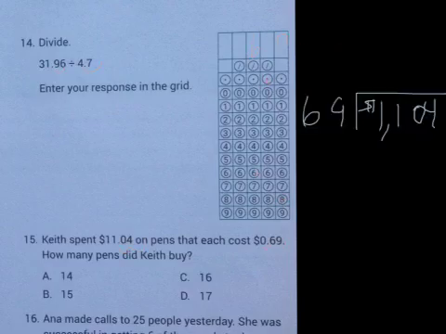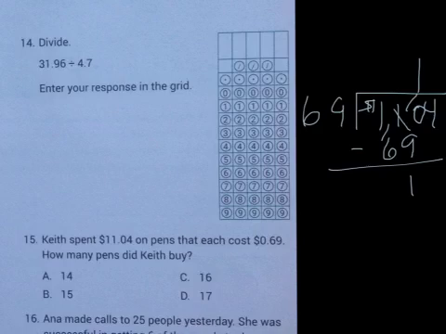So it's going to say 69 divided by 1104, and it's going to go 1 time. So we know 1 times 69 is going to give us 69. Go ahead and subtract. We can't subtract 9 from 0, so we're going to borrow from the 1. It's going to make this a 10. So 10 minus 9 is going to give us 1.